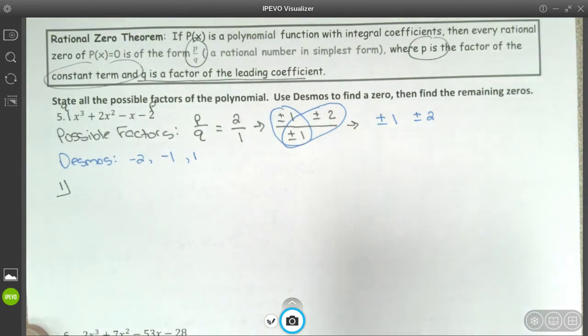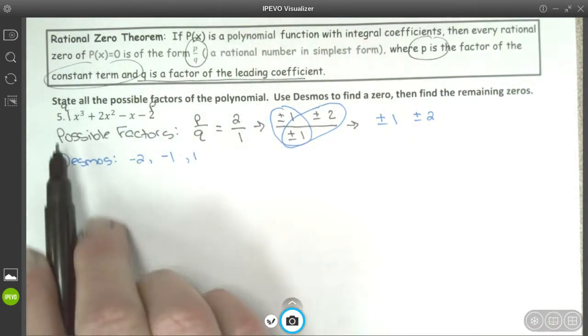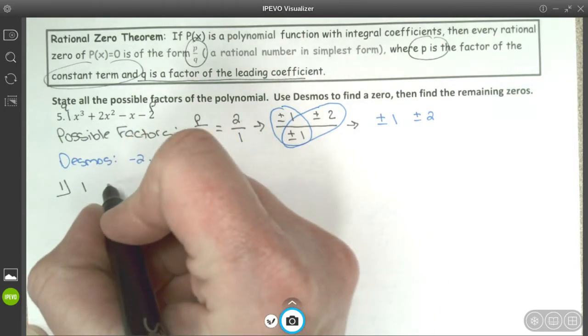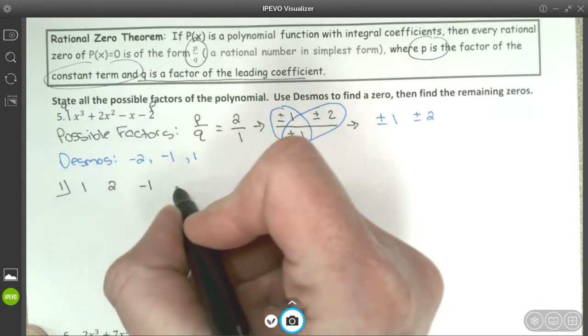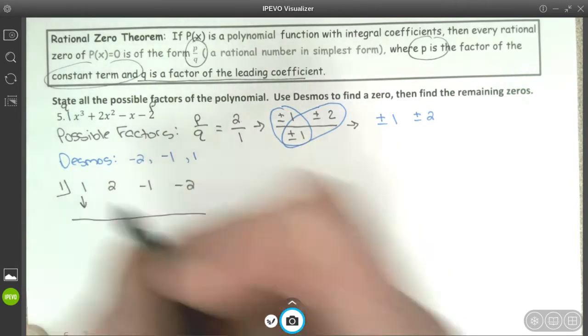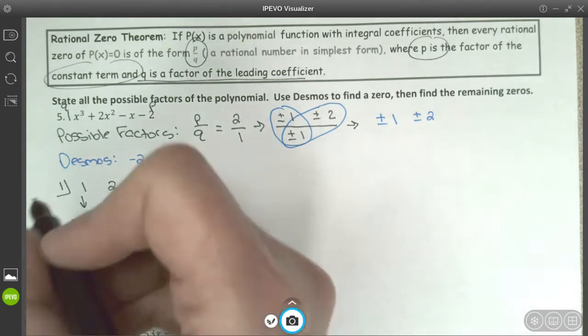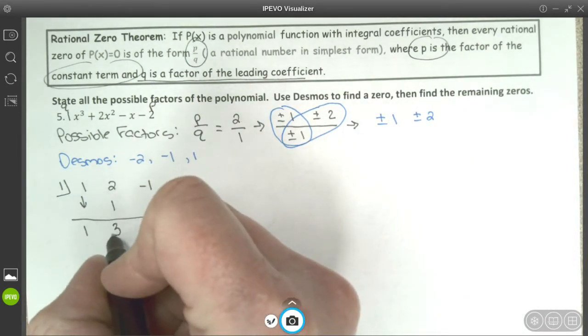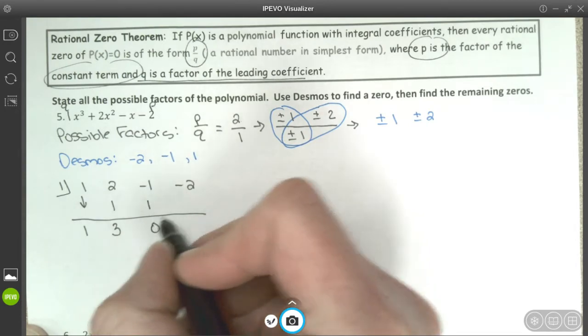So I always start with 1. Do I need any filler zeros? No. So I'm going to list my coefficients. And then I'm going to do synthetic division. Bring it down, multiply, add, multiply, add.